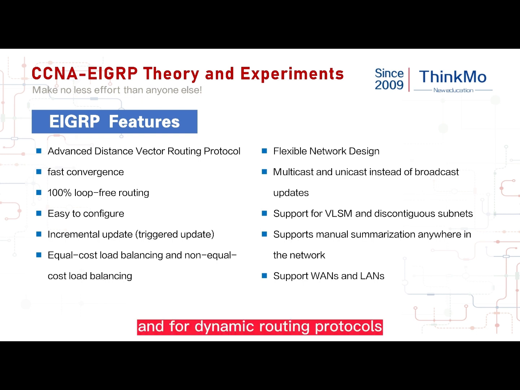Please pay attention, this is the configuration. For dynamic routing protocols, the backup line is calculated by itself. It works out that it's a backup line. It is calculated, not one of your configurations. So EIGRP can calculate the data in the network.